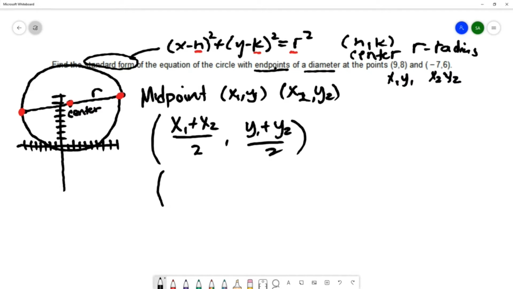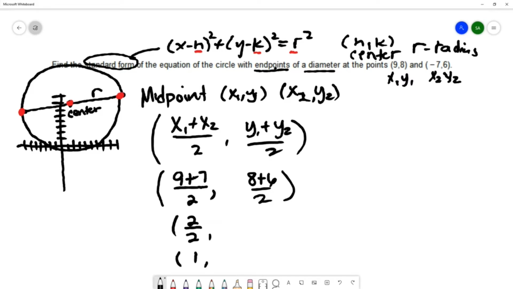We'll get 9 plus negative 7 over 2, and 8 plus 6 over 2. So 9 plus negative 7 is 2. And then 2 over 2 is 1. So the x-coordinate of our center is 1. And 8 plus 6 is 14 over 2. And 14 over 2 is 7. So the ordered pair 1, 7 is the center of our circle.